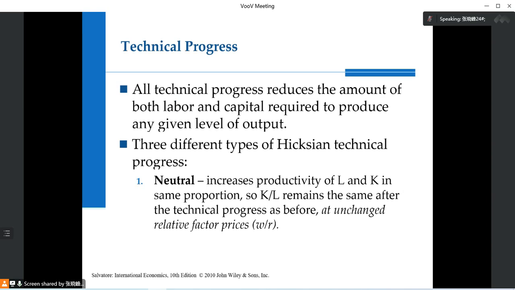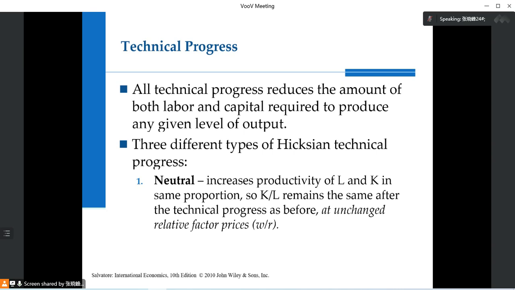Okay, all technical progress reduces the amount of labor and capital required to produce any given level of output.